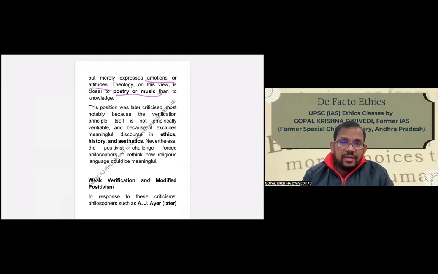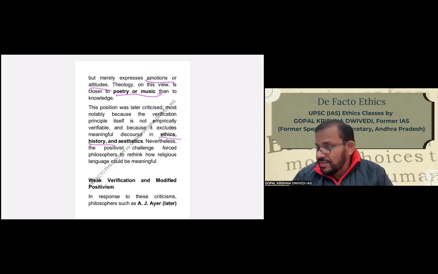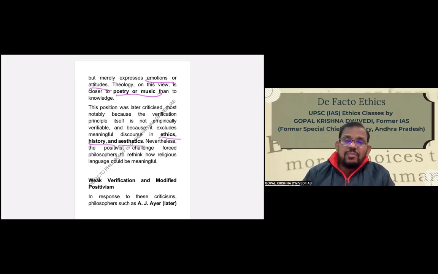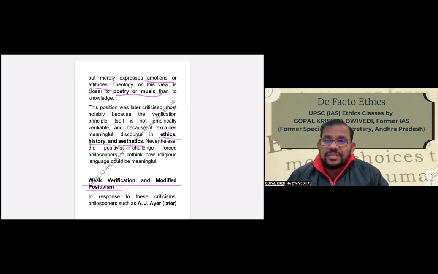And if you strongly believe in the verification principle, then ethics, history, or aesthetics all will become meaningless. So logical positivism in later phases started rethinking their own theory, and they came out with a weak verification and modified positivism.